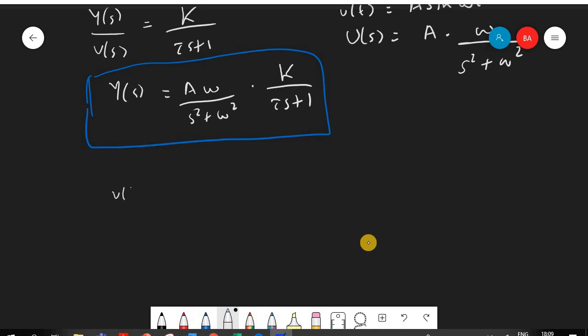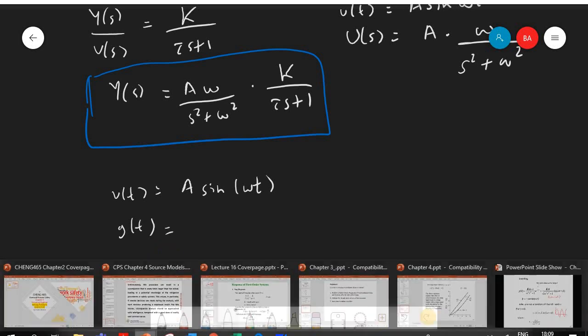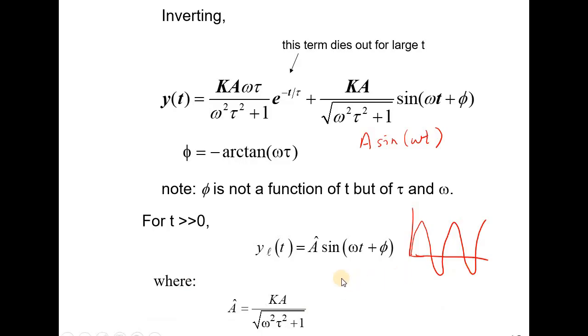as a sine omega t, okay, so that's my input, and I have my output which looks like something like this at large t.